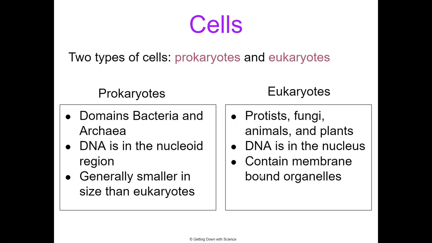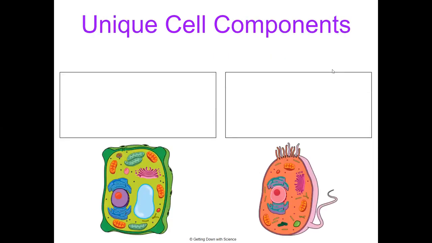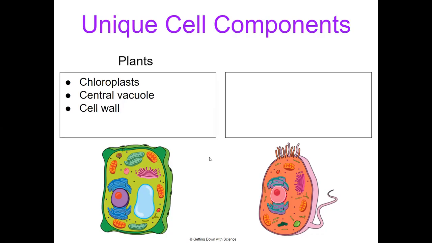Also, they're going to have the membrane-bound organelles. So all those different organelles that you have learned about year after year after year are found in eukaryotes. What's unique about some of these when we're looking at the different types of eukaryotes? Plants have a chloroplast. That's our green, and our central vacuole, that big storage vacuole, where we find smaller vesicles in the animal cells. Plants have a cell wall, animal cells don't.